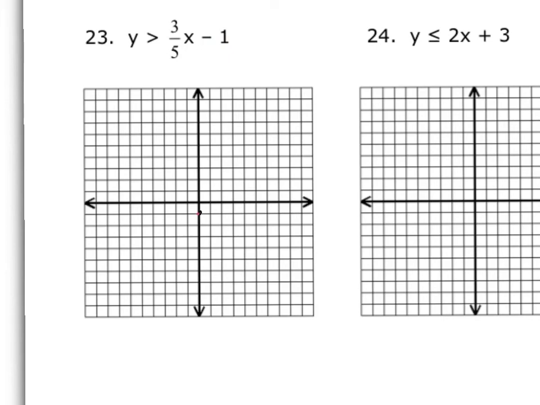Our slope is 3/5. So that means go up 3 and over 5 from that first point. So we're going to go up 3 and over 5. Okay, so that's going to be right here. Up 3 more and over 5. And then we would continue the pattern backwards as well.